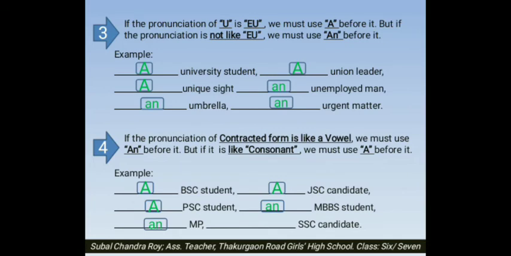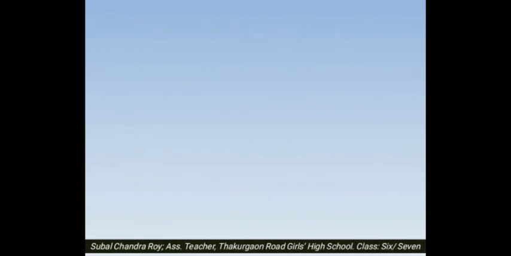The pronunciation of S is like a vowel. So we have to use here an SSC candidate. Dear student, if we understand these rules and examples very much, we can go to the next rule number 5.